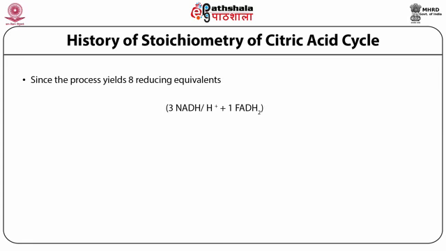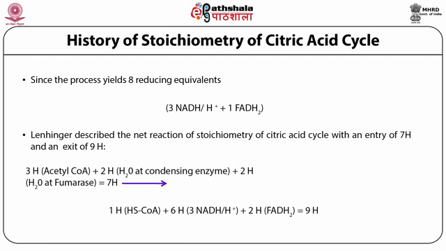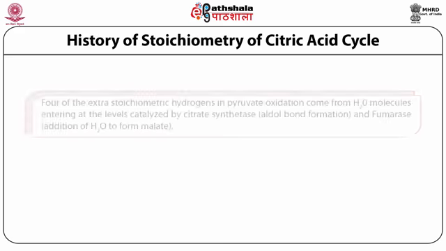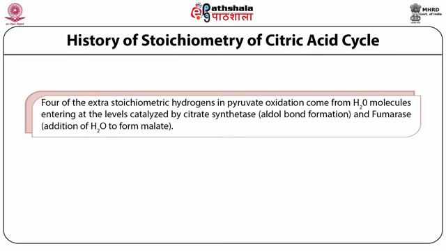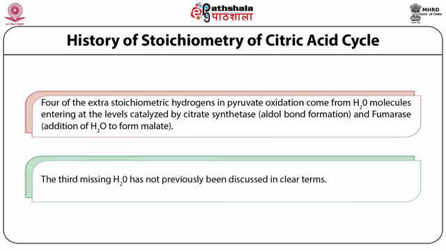Since the process yields 8 reducing equivalents, Lehninger described the net reaction stoichiometry of the citric acid cycle with an entry of 4 waters. Two of the extra stoichiometric waters in pyruvate oxidation come from water molecules entering at the level catalyzed by citrate synthase and fumarase. The third missing water molecule has not previously been discussed in clear terms.